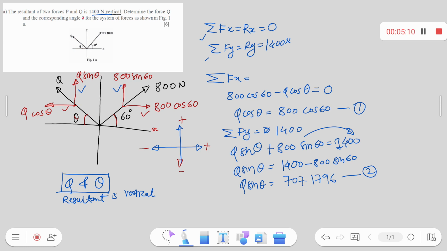Now, if you divide equation 2 by equation 1, you will get tan theta. So I'm writing here, divide equations: Q sin theta divided by Q cos theta. The Q sin theta value is 707.1796 divided by 800 cos 60. So do this calculation.